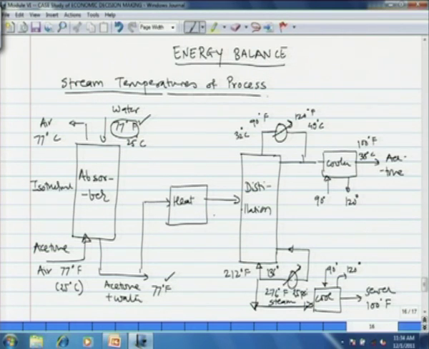Now, what should be the temperature of the stream emerging from the heater? As we have seen in the previous module as well as in mass transfer operation, in most of the cases the feed to the distillation column is a saturated liquid stream. That is the liquid at its bubble point.